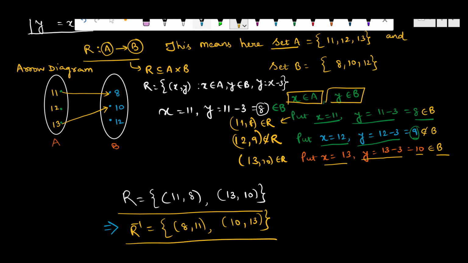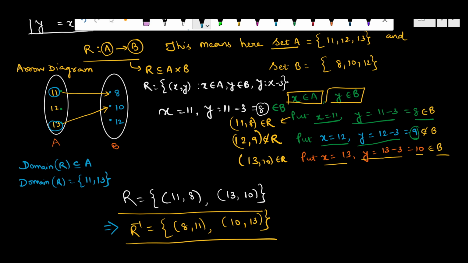Now if you were asked to find the domain and range from the arrow diagram, you may see that two elements have only mapped with two elements of set B. So since a domain is a subset of set A, therefore from the above figure, domain of R equals 11 and 13.